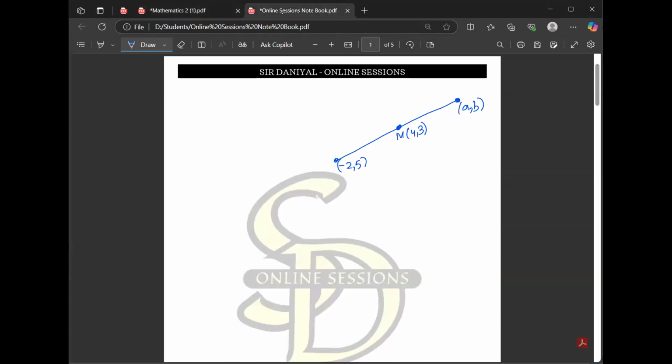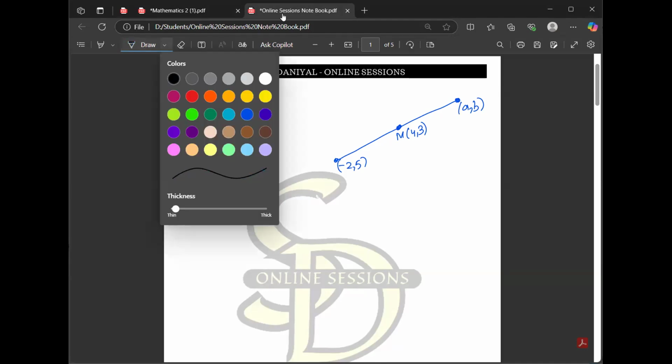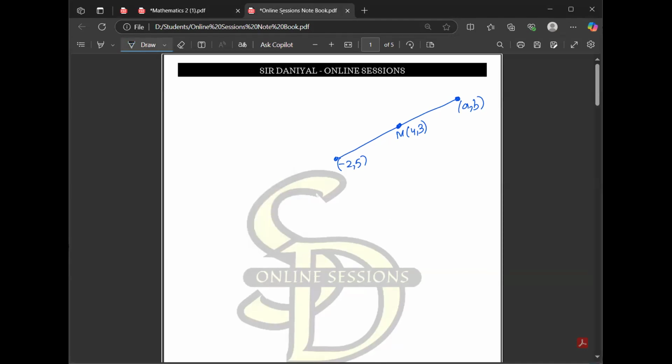Okay, that is not very difficult. So -2 comma 5 would be considered as x1 comma y1, and this is considered as x2 comma y2, and this is our P(x, y).